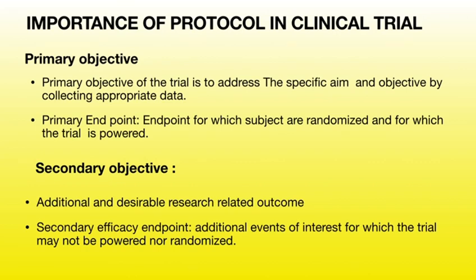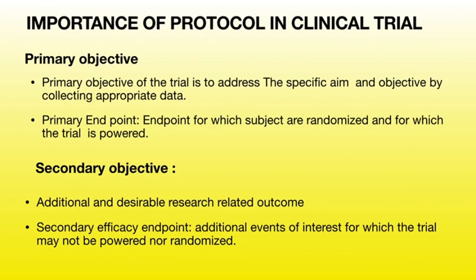We use lots of protocols for many trials, and the main objectives of a clinical trial protocol are: the primary objective of the trial is to address the specific aim and objective by collecting appropriate data. For example, lowering the blood glucose level by 20 units within the proposed clinical evaluation of an investigational drug.